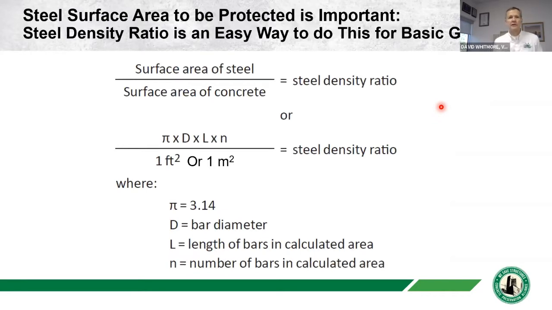So starting at the top of this list, steel surface area to be protected is an important factor. If you're going to go back to design basics, then you can calculate the total steel surface area for each individual job that you are doing, and then work back to basic principles to calculate the total either number of anodes or the total quantity of zinc that is required in order to provide that degree of protection to that total amount of steel.